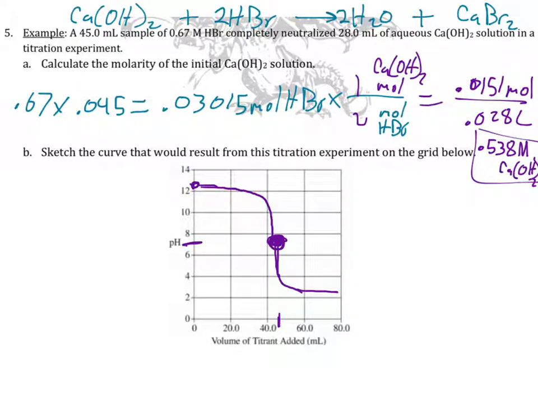If it was an acid, we would put it somewhere down here. And this is the overall way that you can graph this. Obviously, if it gives you the initial pH, you can plot that point. But if it doesn't give it to you, you just estimate what it is. And that is all there is to graphing.